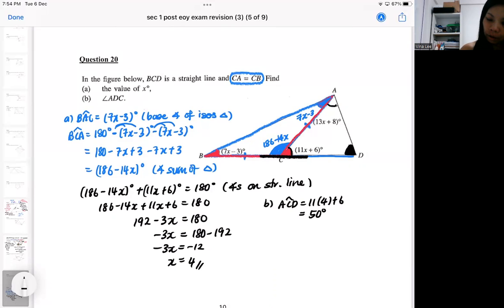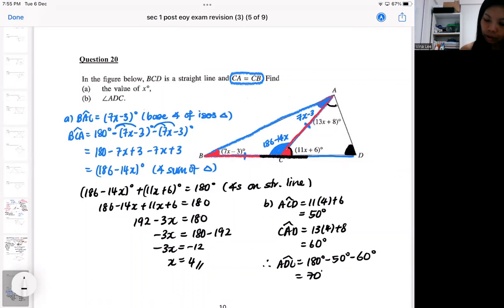You can have your CAD, it will be 13 times 4 plus 8. And then you can do your angle sum of triangle. So my ADC will be 180 minus 50 minus 60, which is 70, and it came from angle sum of triangle.